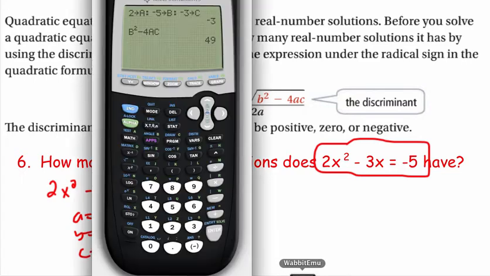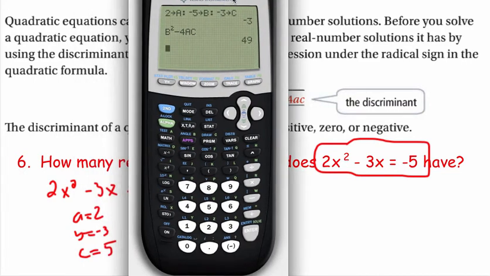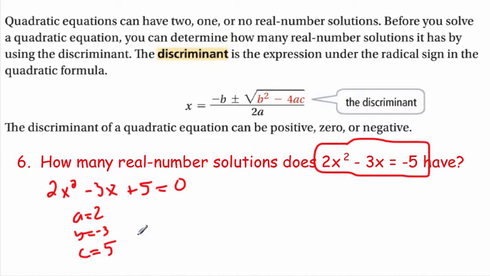So I'm going to do with my calculator what I've been doing. 2 store A, negative 3 store B, and last but not least 5 store C. Now I'm going to pull up b squared minus 4ac by hitting second enter until it pops back up, and I get negative 31. So in this case b squared minus 4ac equals negative 31.